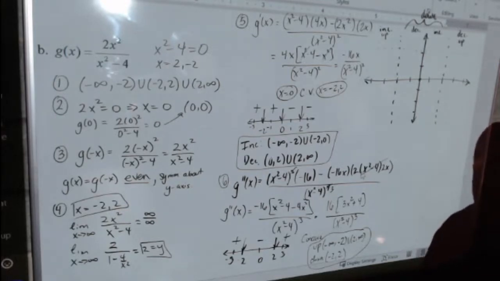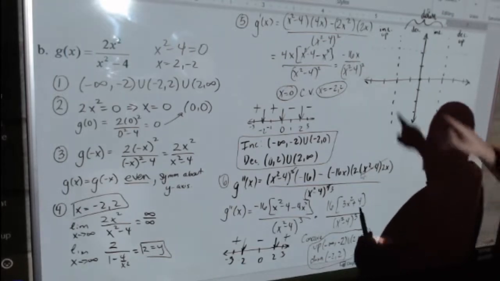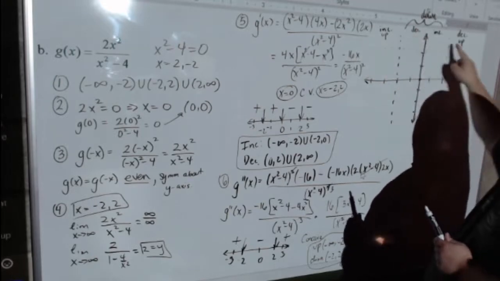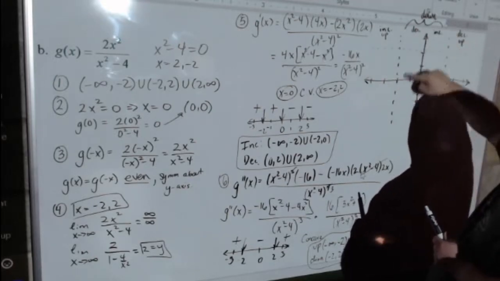Okay, so according to that, it looks like we're going to be above this point, above that point, and then below this one.